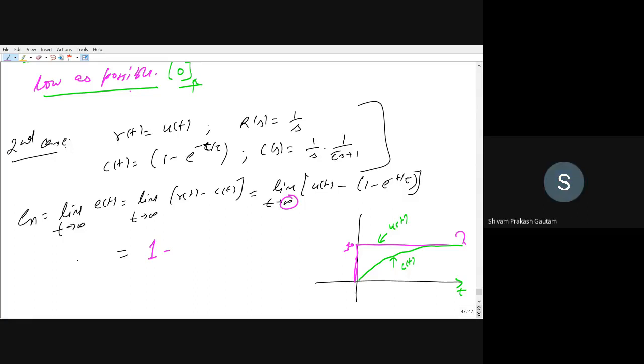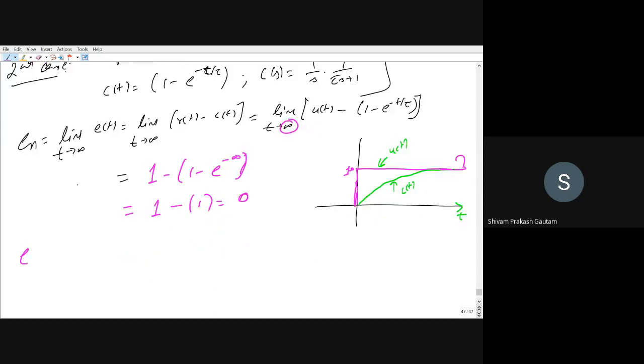Or what you can do is 1 minus e to the power minus infinity, which will be equal to 1. Or you can also see from the graph that it is settling down to 1, right? 1 minus 1. So what is the steady state error you are getting? 0. Which you can also validate from the plot you are seeing, right?